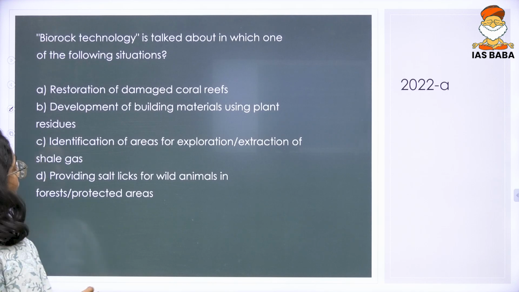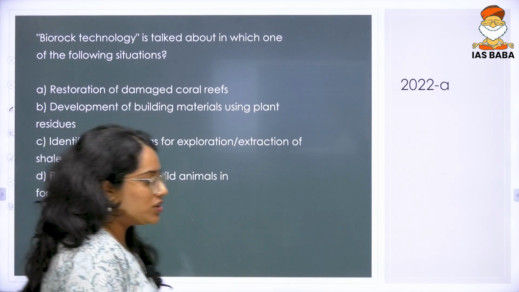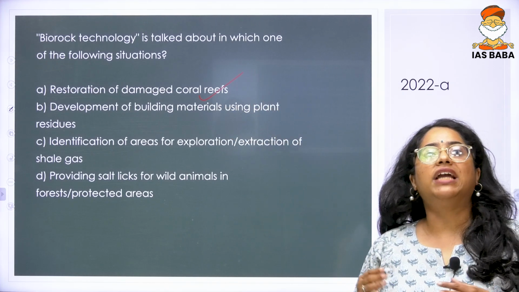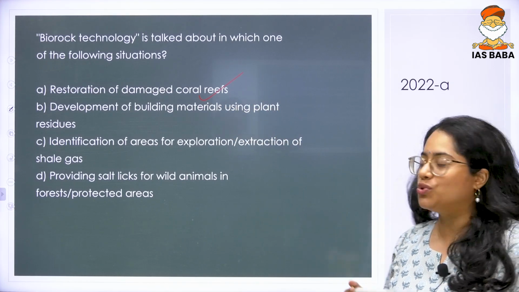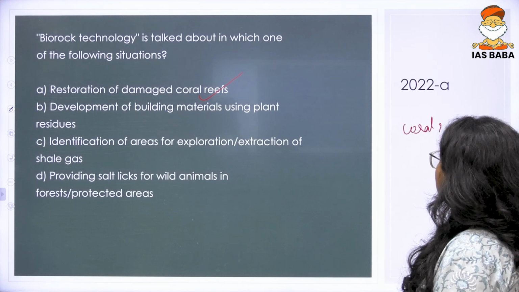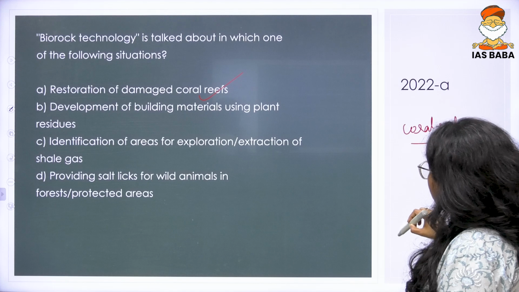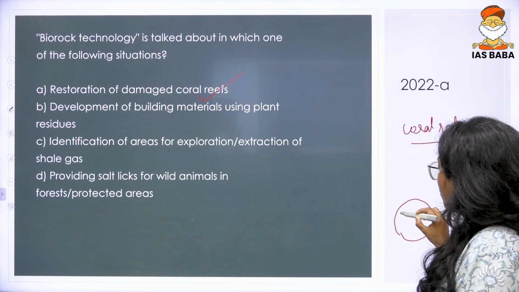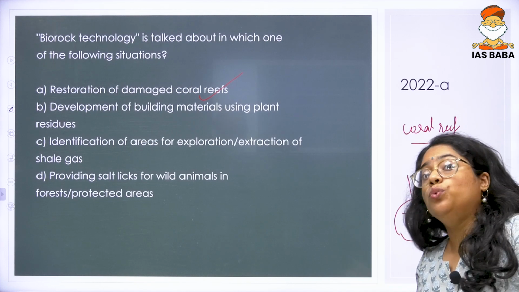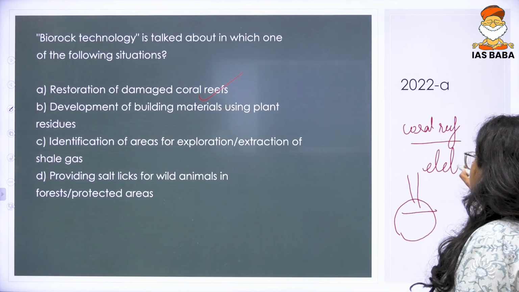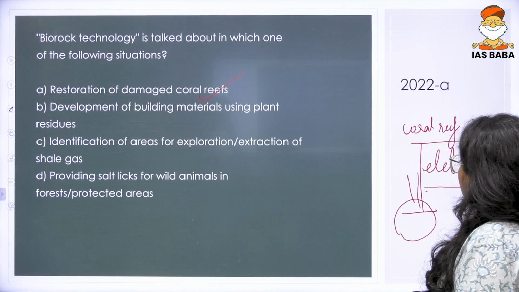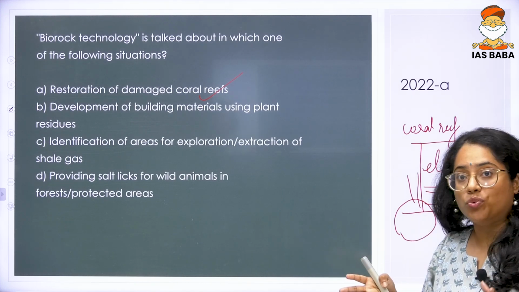When it comes to this Biorock technology, I want you to understand it is primarily related to the restoration of damaged coral reefs. In areas where the coral reef is damaged, you create certain conditions for the growth of the coral again. What is the condition? You use a process called electrolysis, conducting the electrolysis of the available salt water.